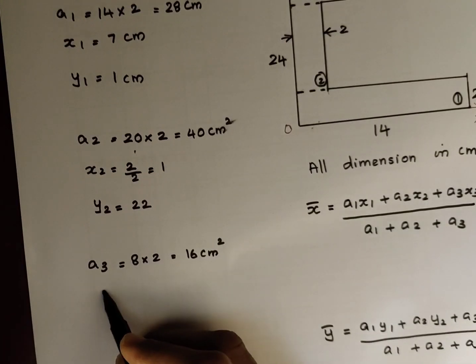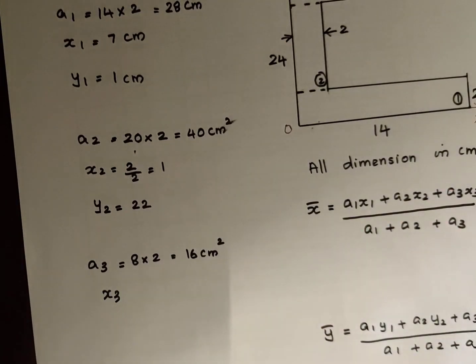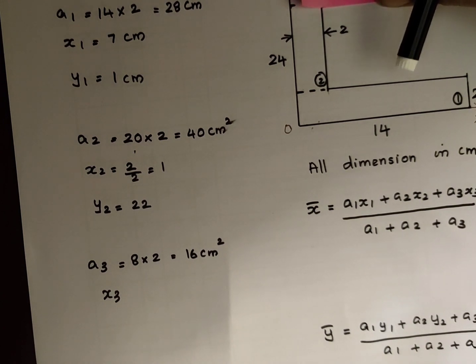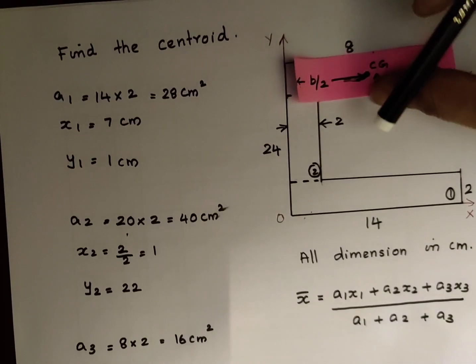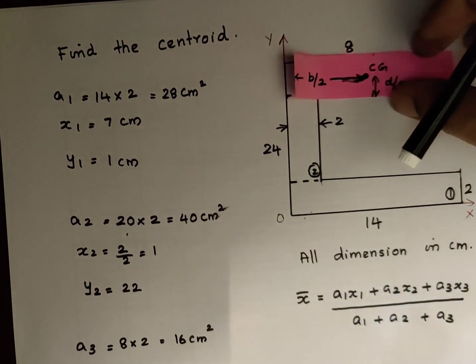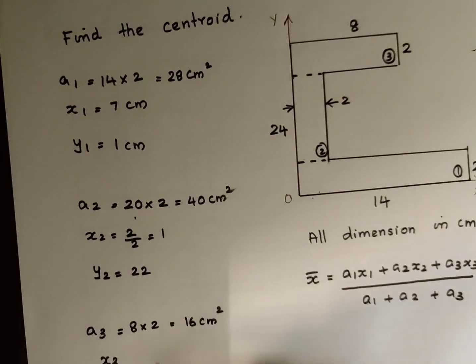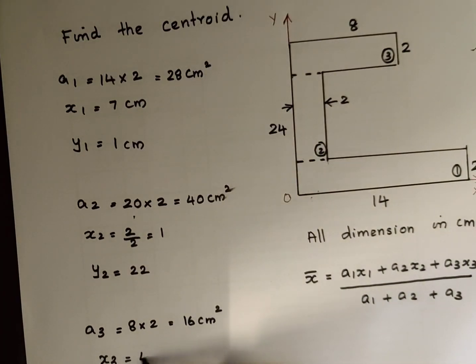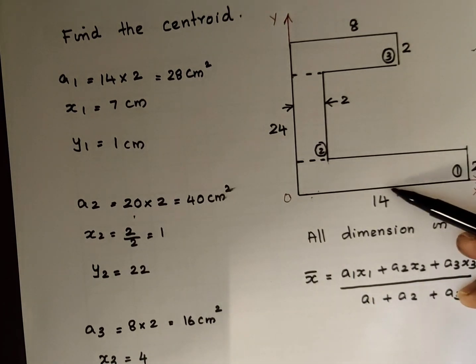So now x3, that is equal to, this total width is 8. So this length is equal to 8 by 2, that is equal to 4. y3 is measured from the reference axis OX to the centroid of the third rectangle.